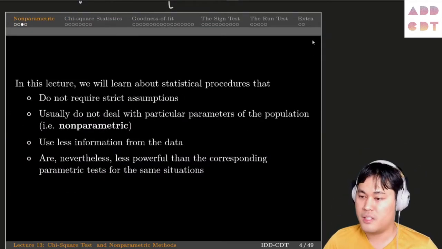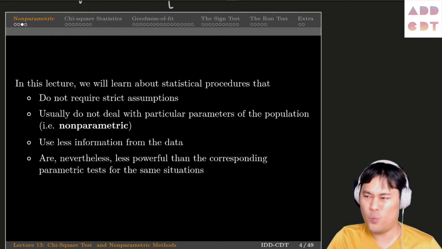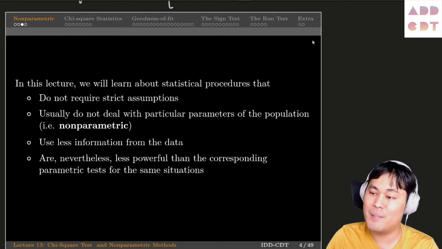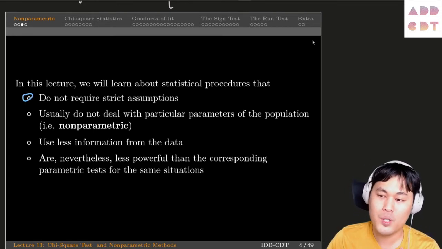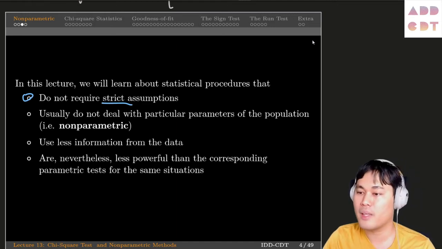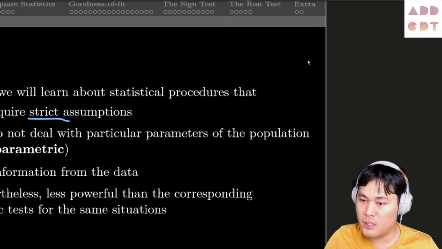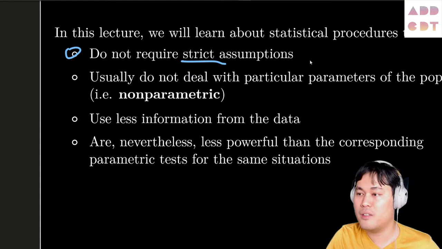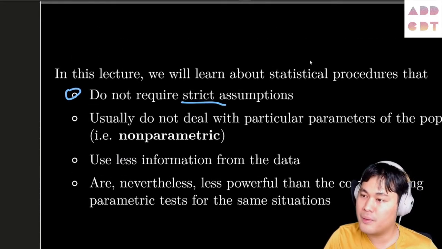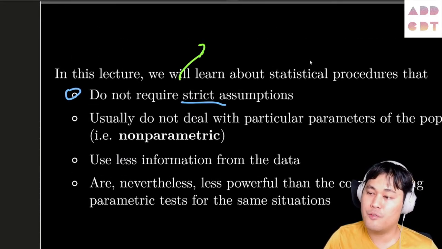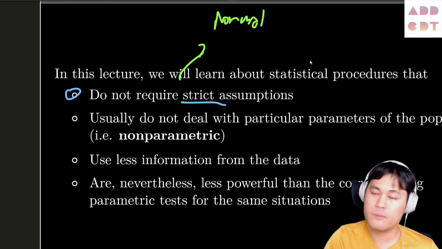So in this lecture we are going to learn procedures that first do not require strict assumptions. By strict, let me zoom in a little bit, it means we have to assume that the data forms a normal distribution.